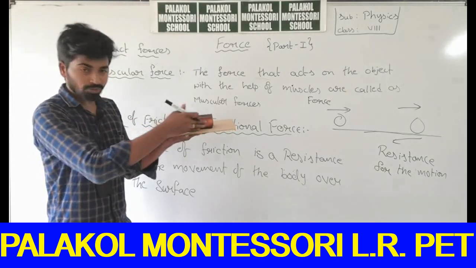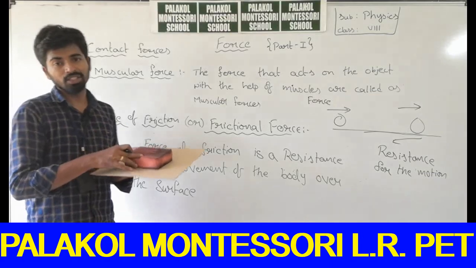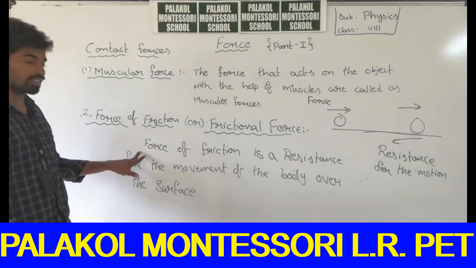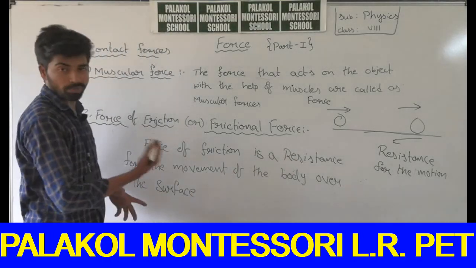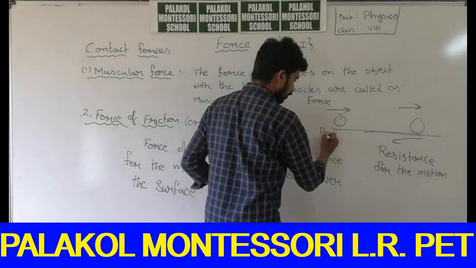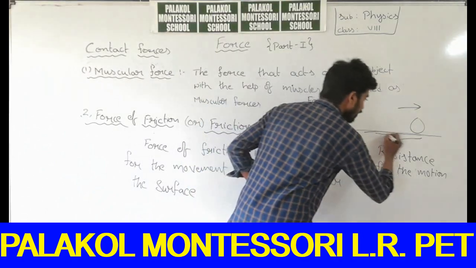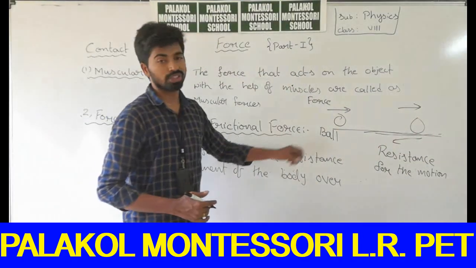Some resistance force is applied by the surface, so the object stops. Frictional force is the resistance for the movement of the body over the surface. Here the ball is travelling on the road surface, and this road surface offers some resistance for the motion of the body.